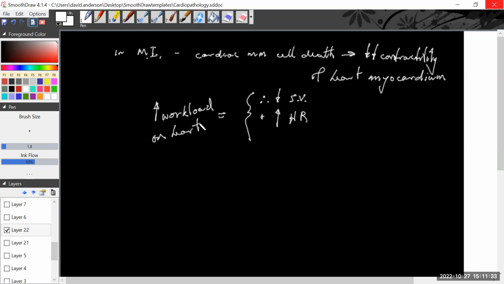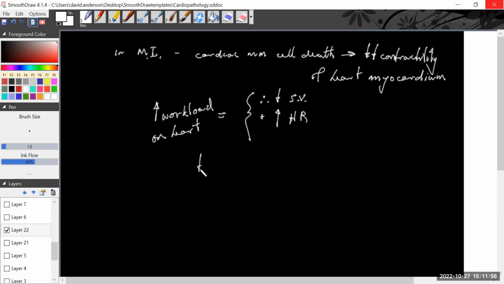So that fight or flight response is working against us under these conditions. So we've got an increased workload because of the increased demand on other parts of the heart wall and the stress of the presentation. And that's going to potentially give us a problem, right?